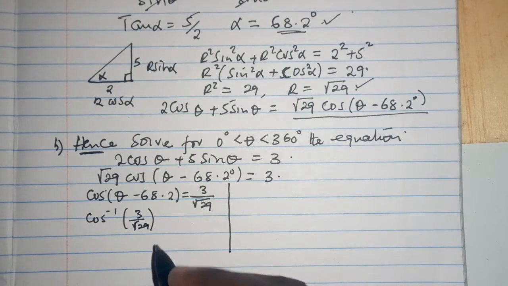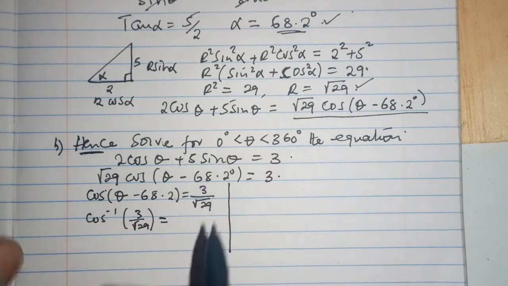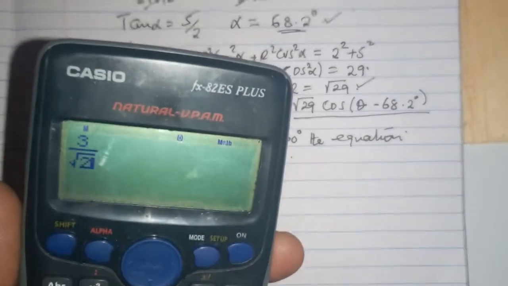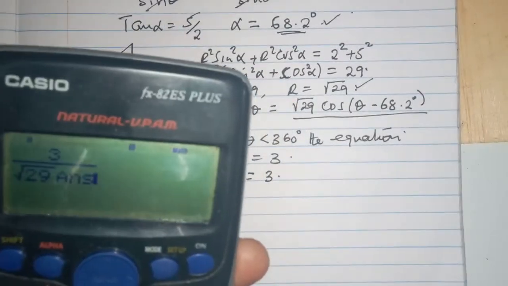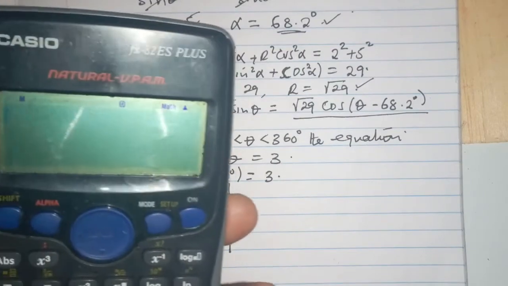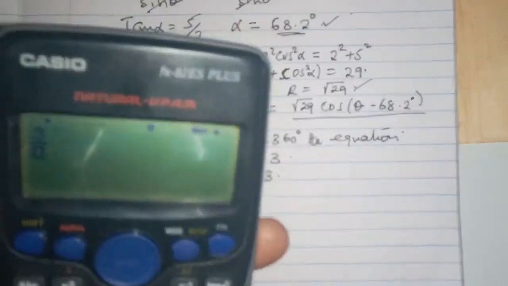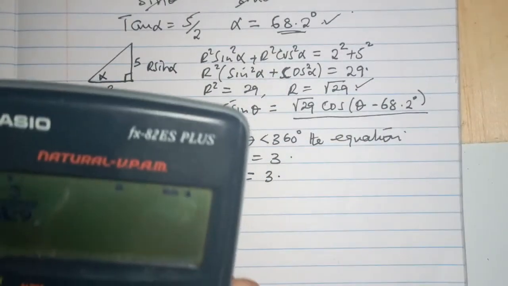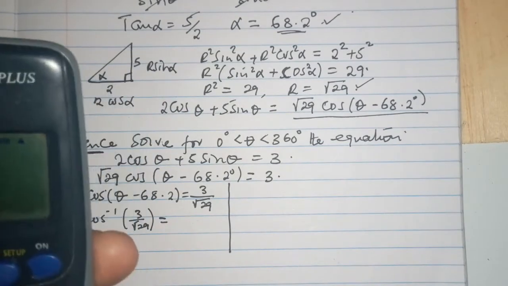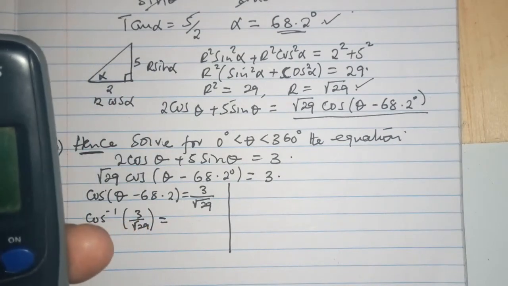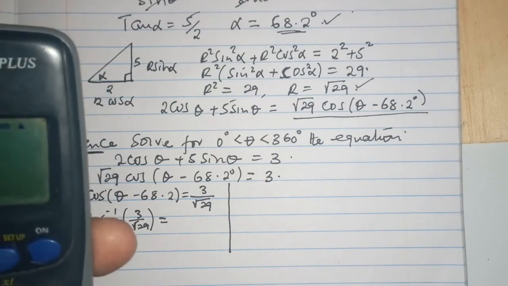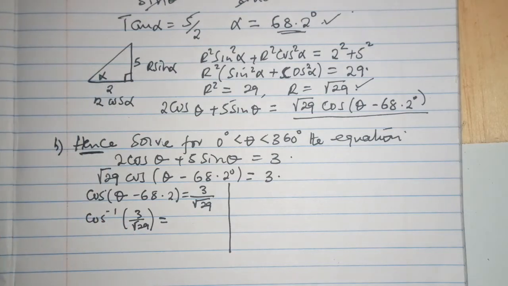If you evaluate that in the calculator, let's just do it: the root of 29, 3 divided by the root of 29. If you do this, you will realize that the sine inverse of this is... no, not the sine, but the cosine inverse.